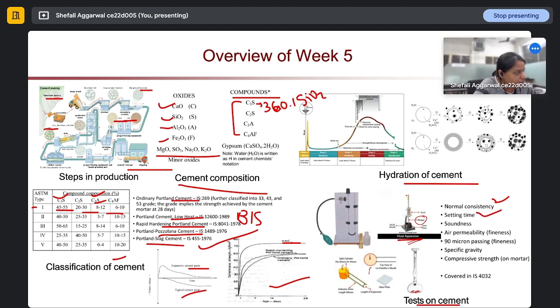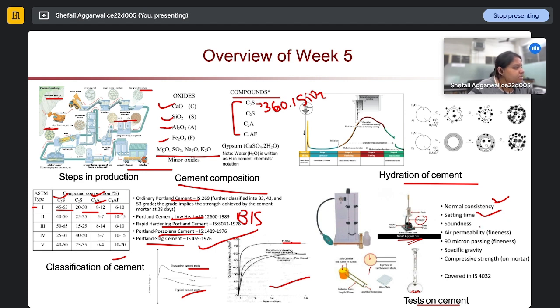From the same Vicat apparatus we have three types of plungers, which will define the consistency, initial setting time and final setting time. So from the same apparatus we can calculate the normal consistency as well as the setting time of our cement material.